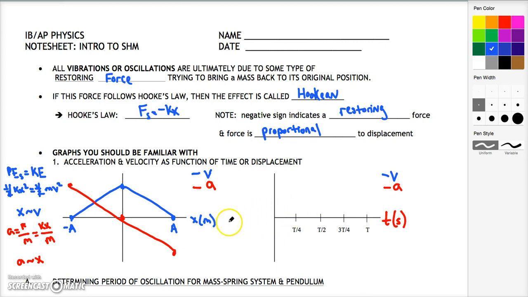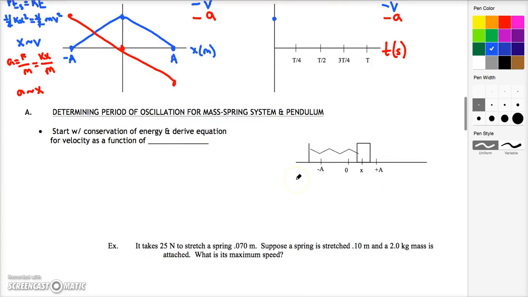The velocity starts off in the middle, where our original position is 0, right in the center of our oscillation, so the velocity is at a maximum there. Then a quarter of the period later, the position is on the far end. Let's take a look at that simulation again.